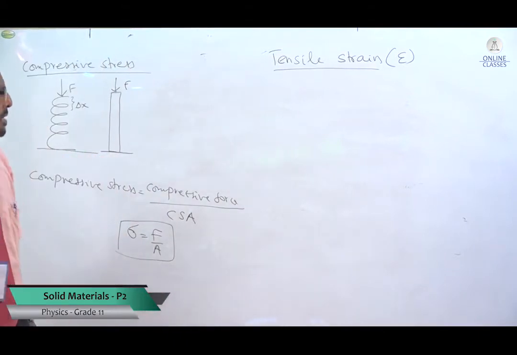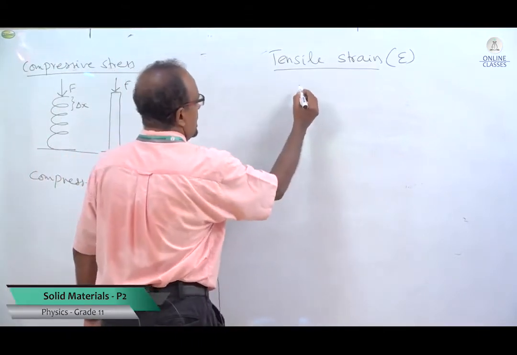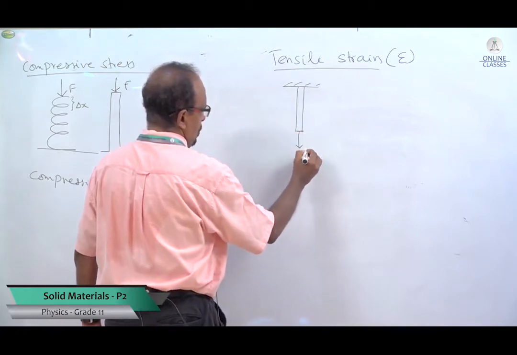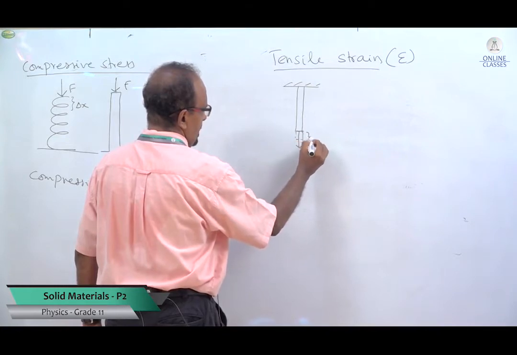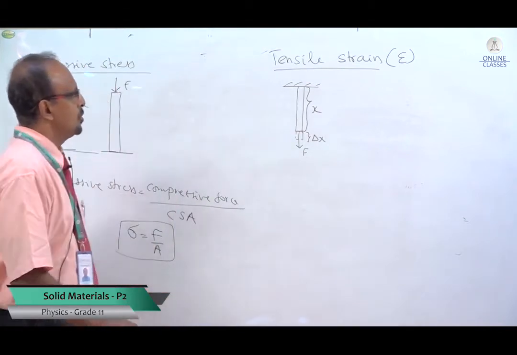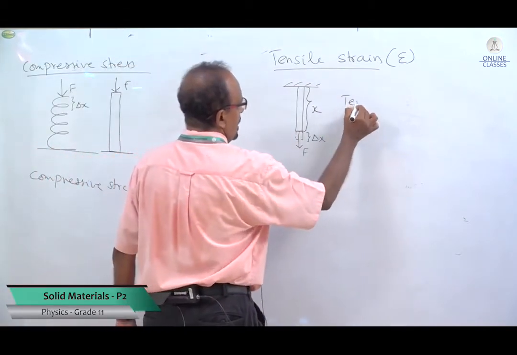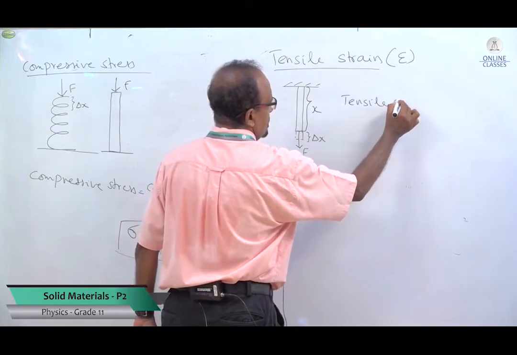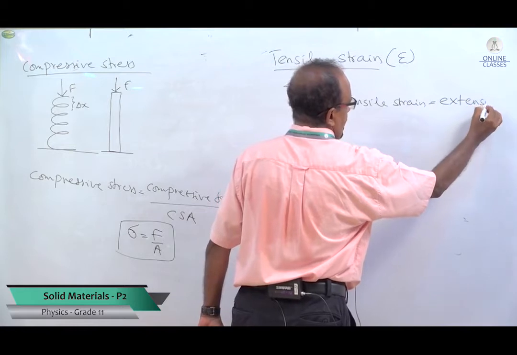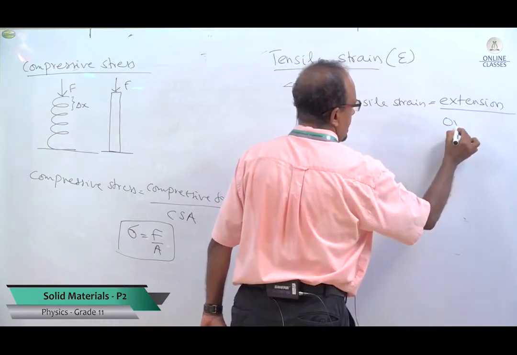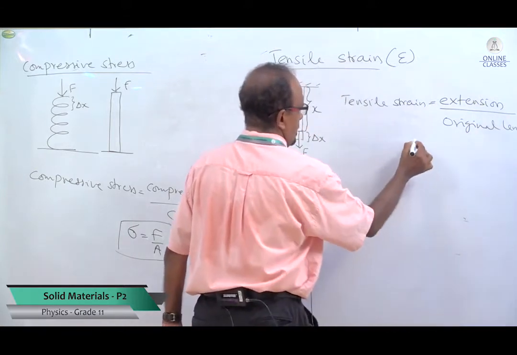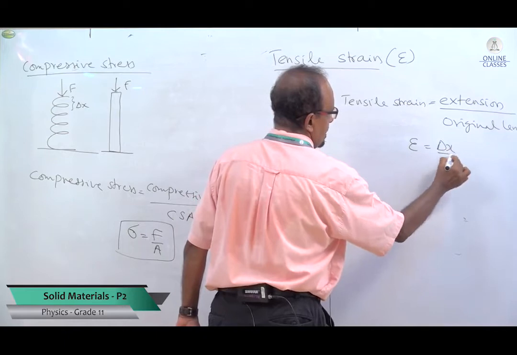If you take a material and apply a tension or force, and the material is extending, and if you take the initial length as x, tensile strain we define as extension divided by original length. So strain will be delta x over x.